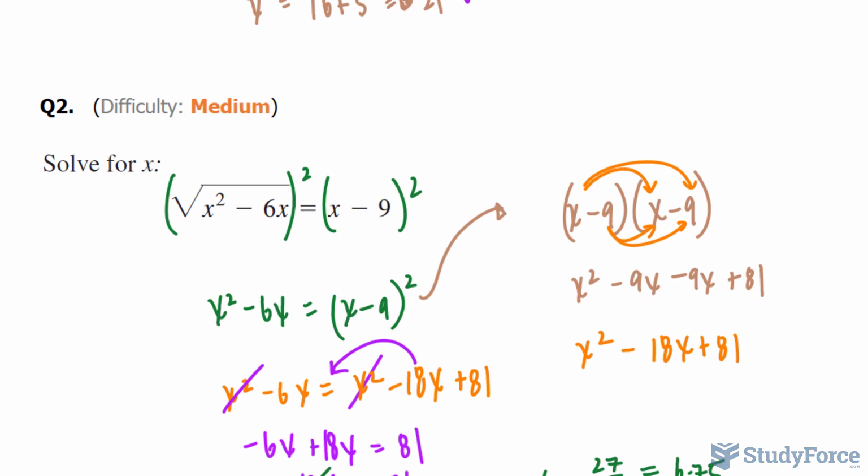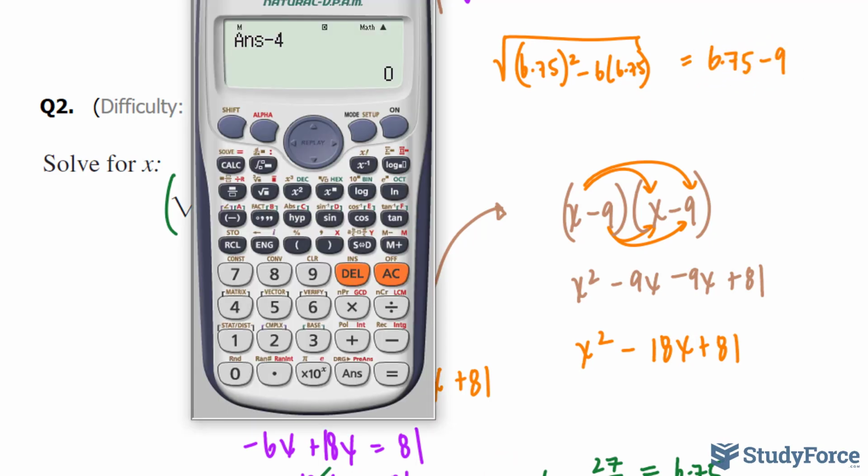And please pay attention to this because it's important. So if I have the square root of 6.75 raised to the power of 2 minus 6 times 6.75, and I substitute 6.75 on the right side, now let's calculate this. We have the square root of 6.75 to the power of 2 minus 6 times 6.75.